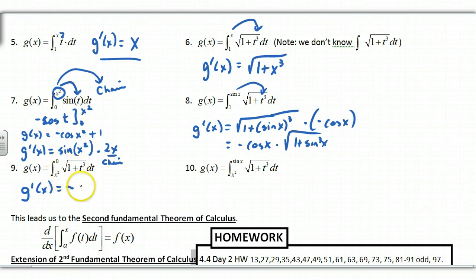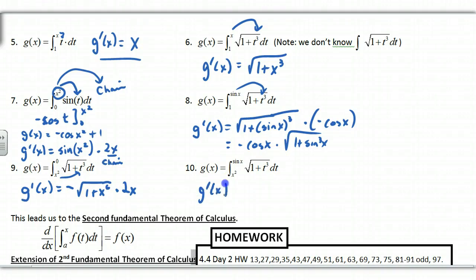Since this is the lower limit, it's going to be negative. Plug this x squared in, and then I get x to the 6th power. Don't forget your chain. Is the chain going to be the derivative of x to the 6th or x squared? I'm pretty sure it's going to be the derivative of x squared, because that's the function that we plugged inside, and that's what the chain rule does. Simplify that by putting the 2x out in front.